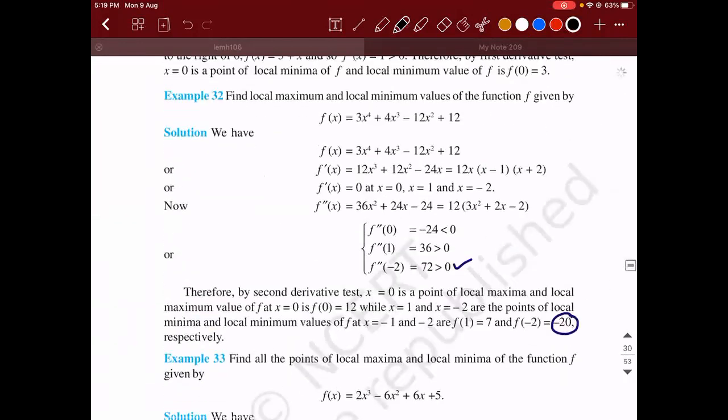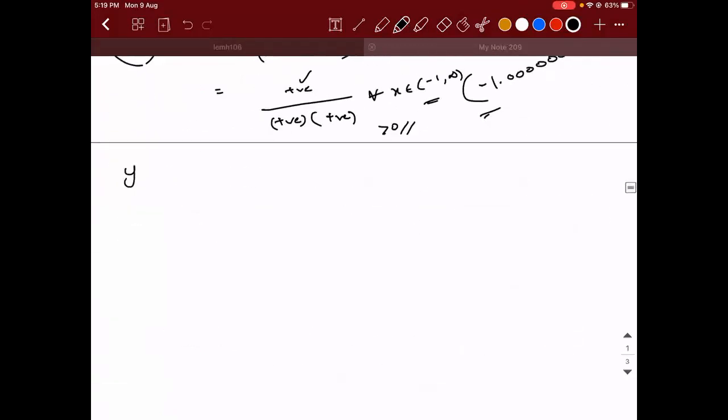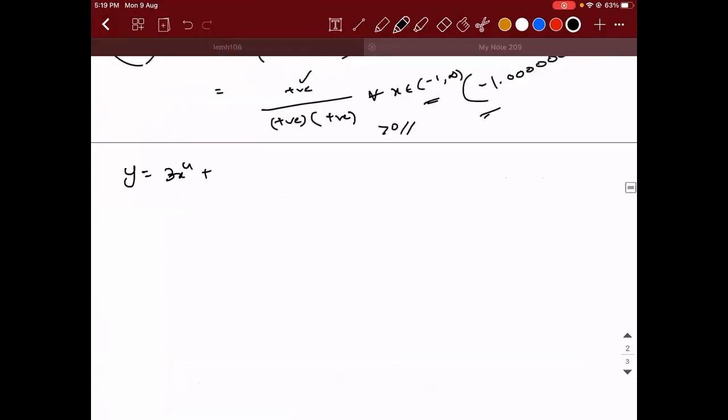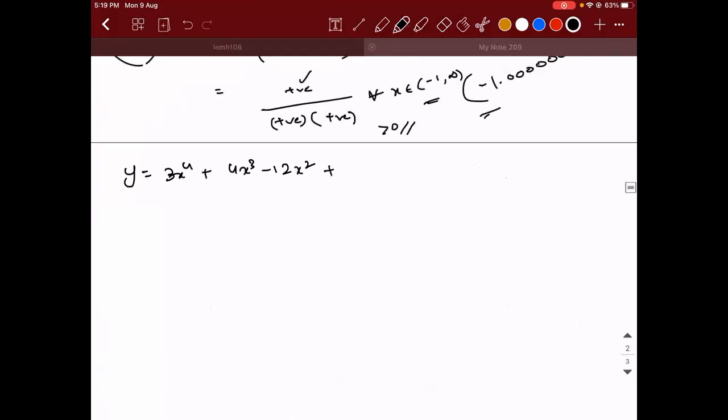Wait, let me take a problem and then solve it. Suppose I take this problem: y is equal to 3x power 4 plus 4x cube minus 12x square plus 12. What is dy by dx?